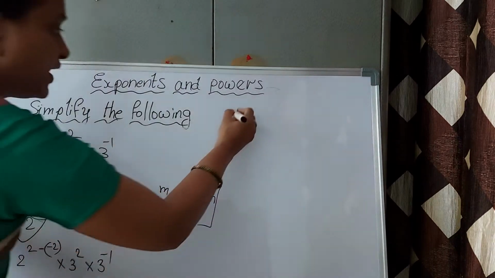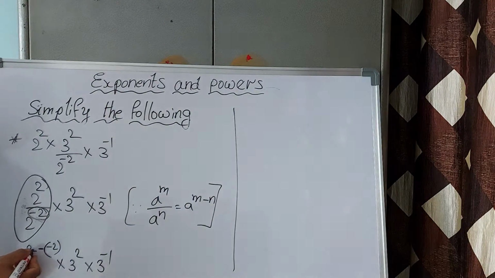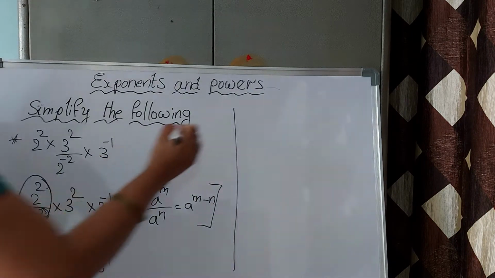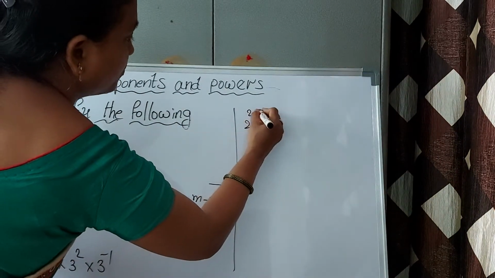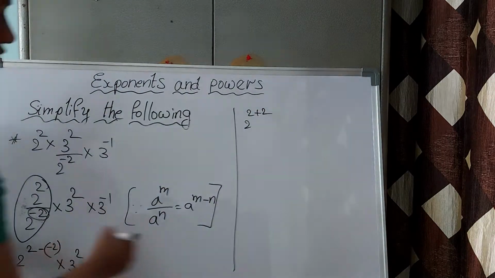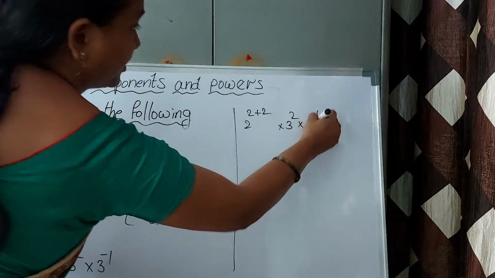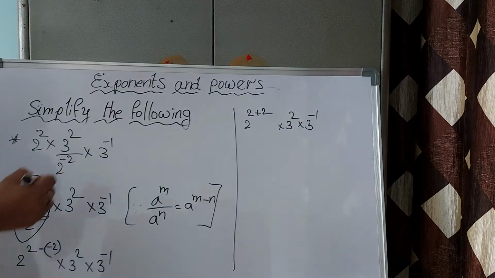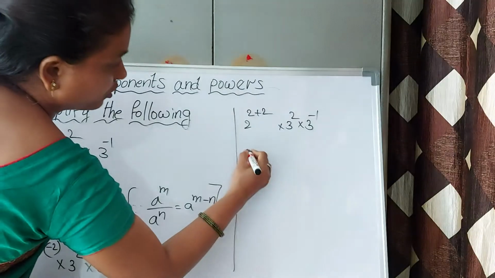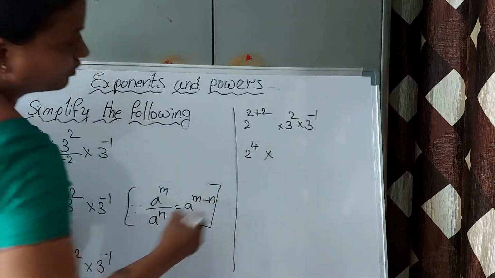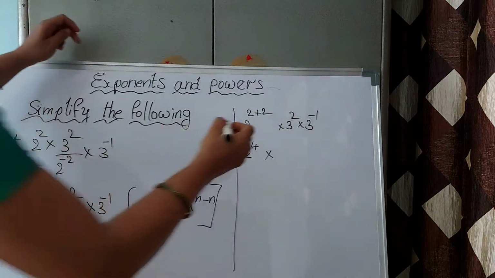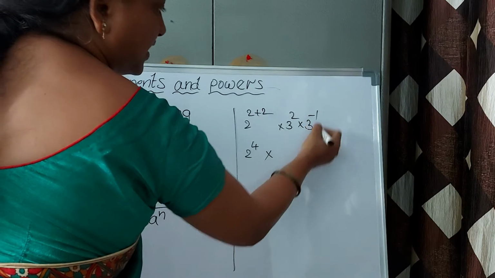So 2 minus into minus is plus, 2 power 2 plus 2. As it is, you write the remaining, 3 square by 3 power minus 1. See here, 2 power 2 plus 2, 4. 2 power 4 into. See here, what is the form? Again here, one more law is there.